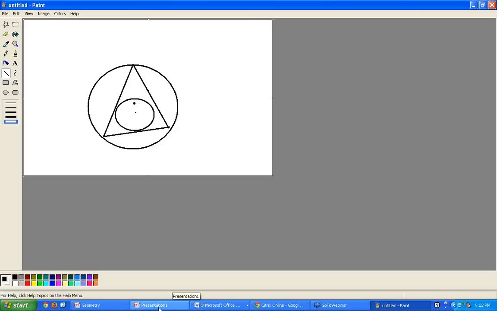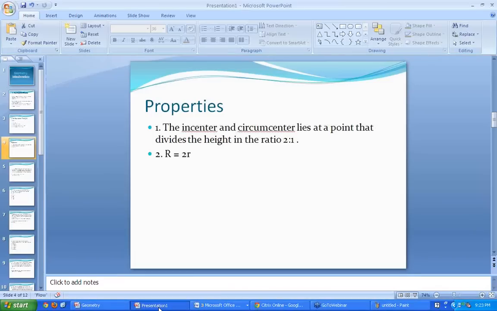Just to explain this point, the in-center and circumcenter lie at a point that divides the height in the ratio 2:1.